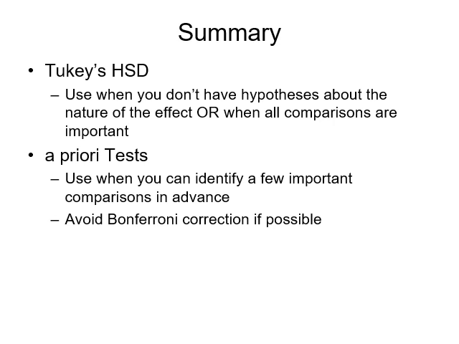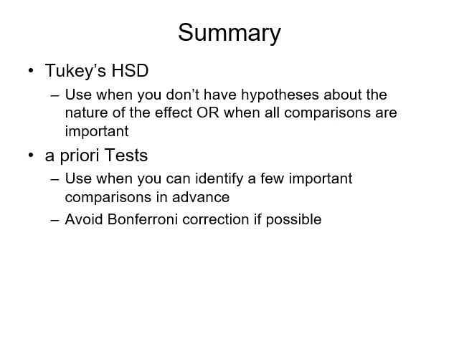So, summary, across all of this information: Tukey's HSD on a significant difference, we're going to use when we don't have a hypothesis about the nature of the effect, we don't have a priori planned comparisons, or when all the comparisons are important. And again, if Tukey's HSD does not find differences when the F said we should, we're going to look at potential other types of tests.